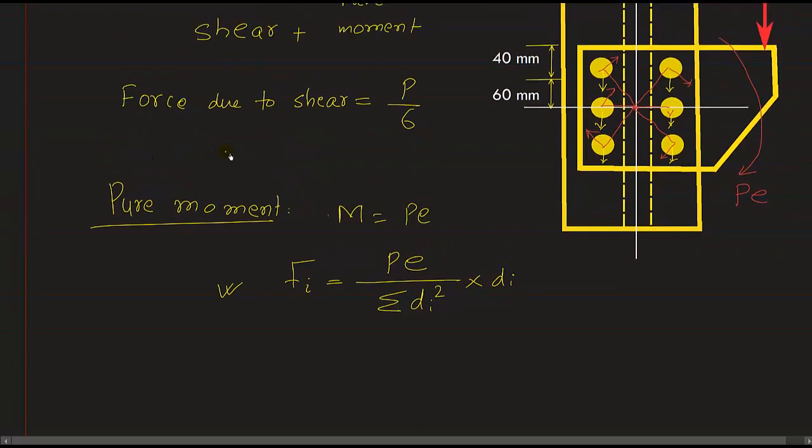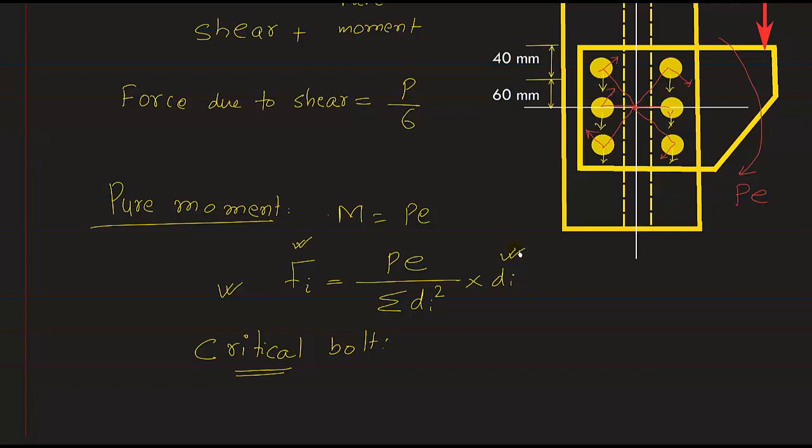So what is the critical bolt? Which bolt is the critical? We have to find which is the critical bolt, because the critical bolt, that will have the maximum amount of force, is going to fail first. So the critical bolt will be the one which has the maximum amount of force, and in other words it is farthest from the neutral axis or center of gravity in this case.